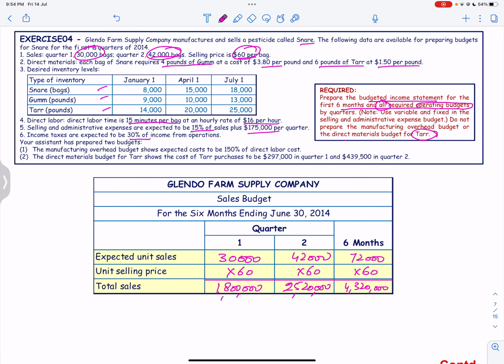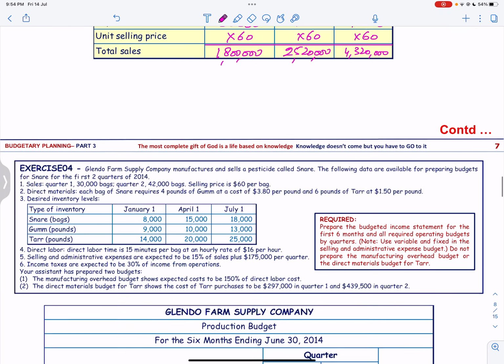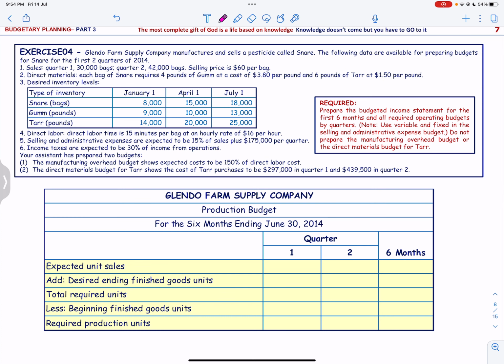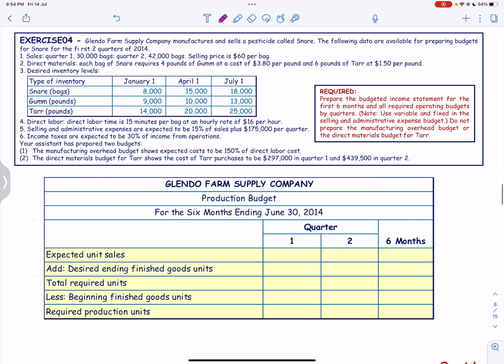Now once we have prepared the sales budget, we start with the production budget. For the production budget, the expected sales is 30,000 and 42,000 bags.